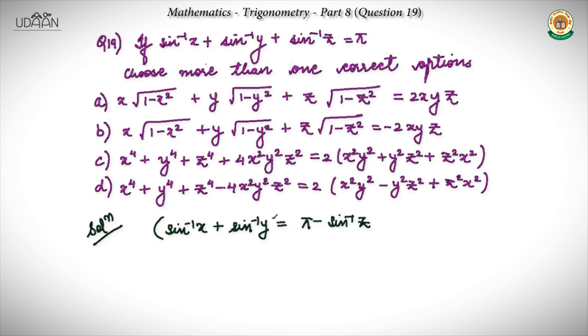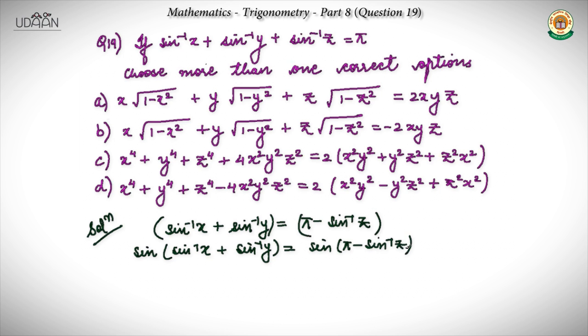Okay, let me take sin on both the sides. So I'll get sin of sin inverse x plus sin inverse y is equals to sin of pi minus sin inverse z. Now here I see a formula, sin of a plus b, which is equals to sin a cos b plus cos a sin b, correct?